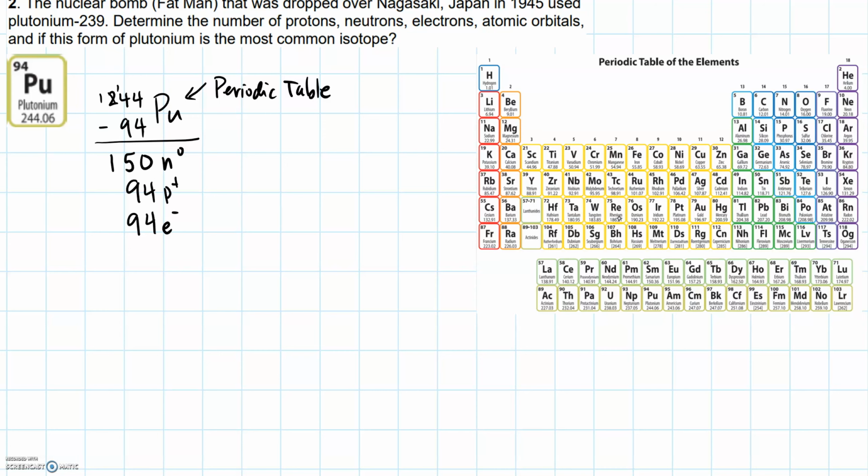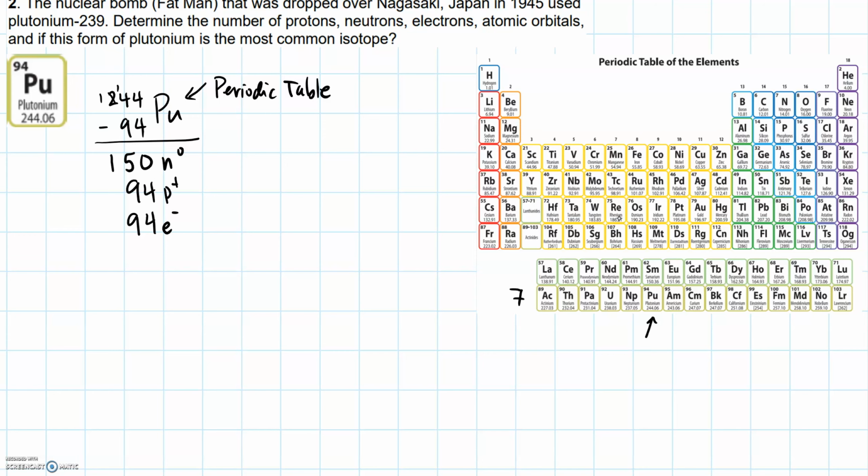Now if I look at its orbitals, plutonium is on row 7. So this guy, it's on this row right here. There's plutonium, and this row here is row 7. So now I'm going to look at the one listed in the question.